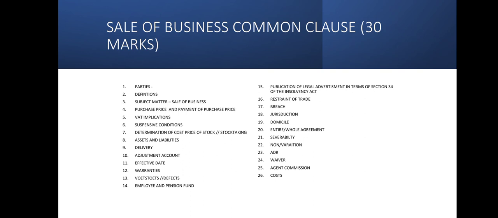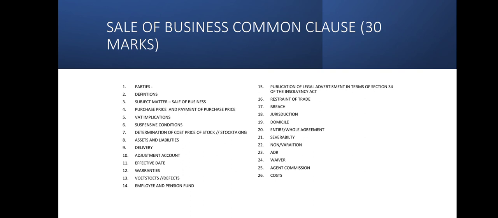The following are excluded from the sale agreement: cash on hand, monies deposited to the credit of the business, cheques, promissory notes, securities in possession of the seller, and book debts of the business.